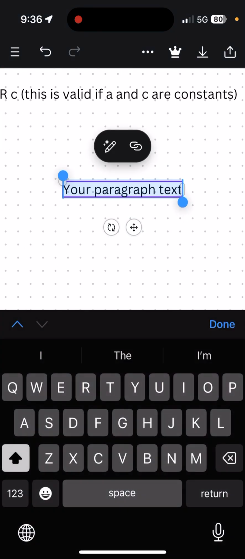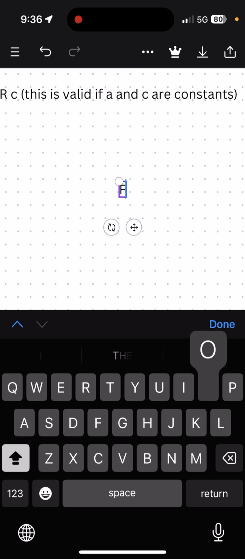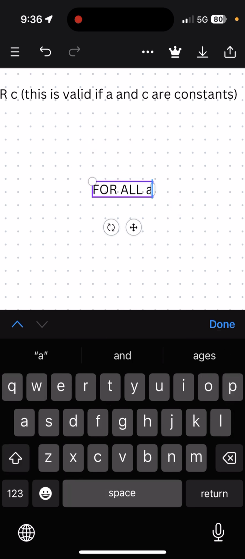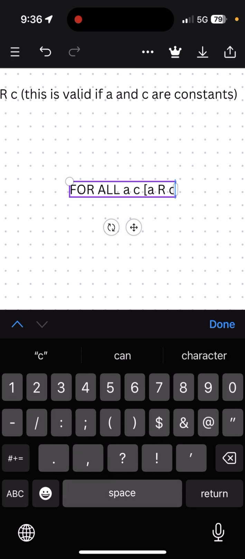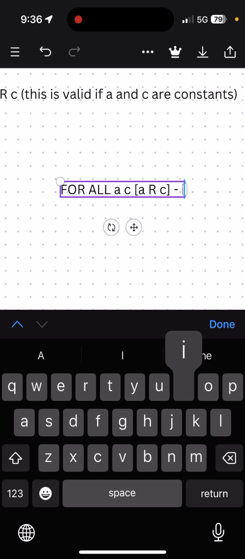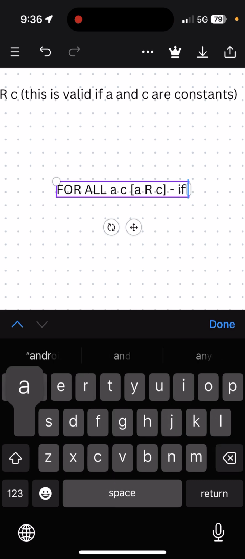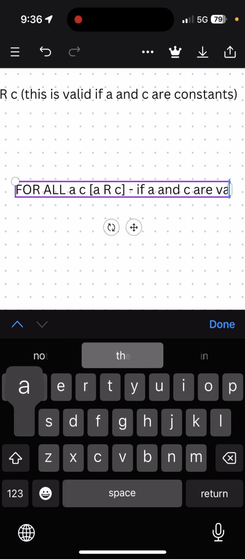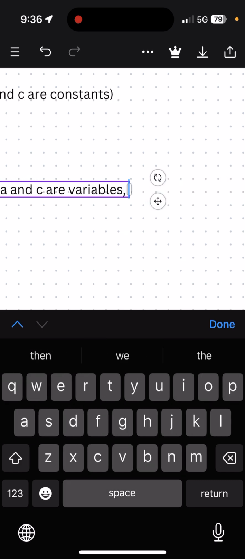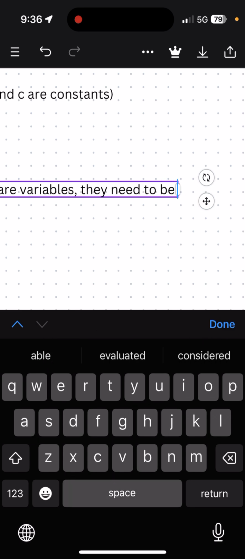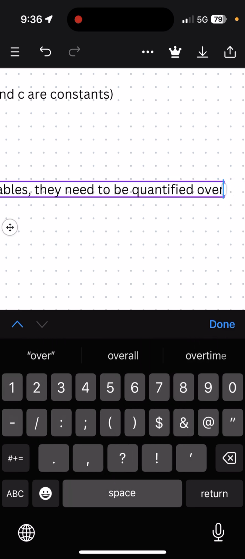If they're variables, then we can use a quantifier. So first I'll try for all, and then I'll do there exists. For all A and C, ARC. Now that is just saying that if A and C are variables, they need to be quantified over.